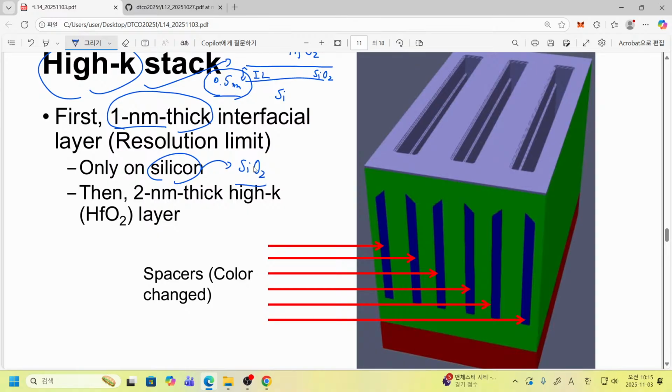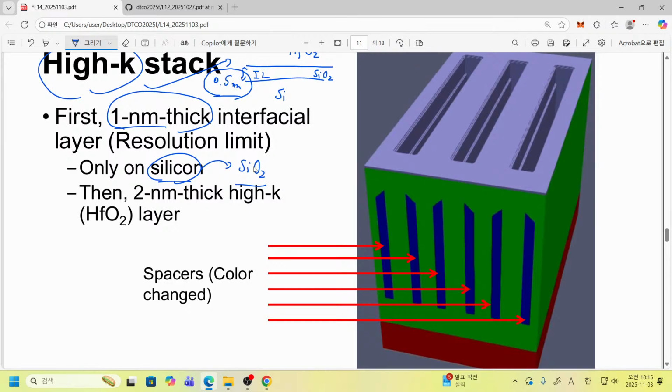In our example code, we can just perform depositing a 1 nanometer thick silicon dioxide layer only selectively on top of the silicon layer. That is just mimicking this oxidation process.